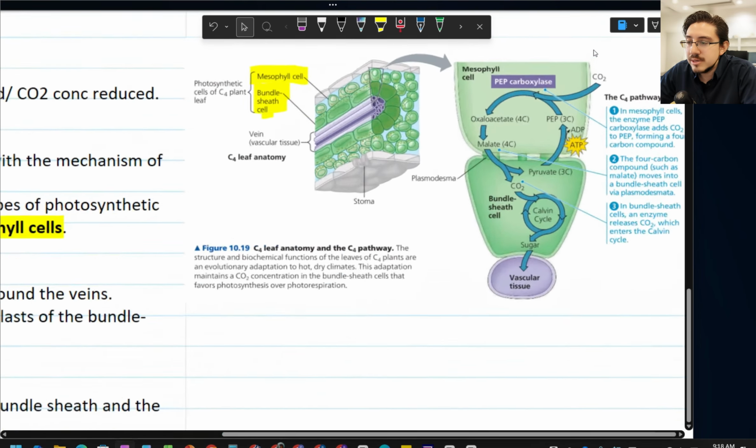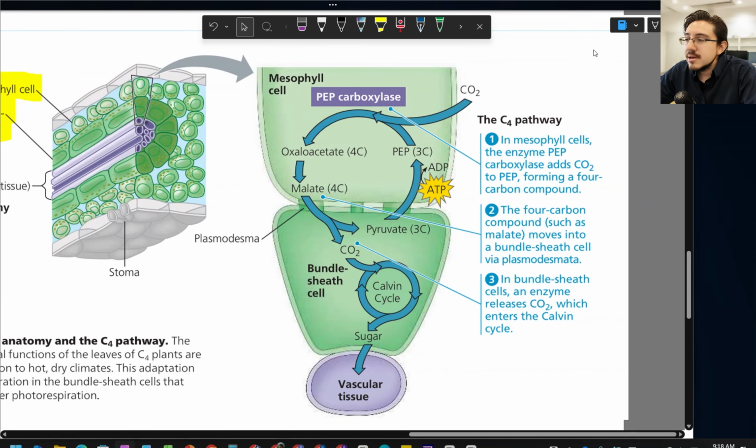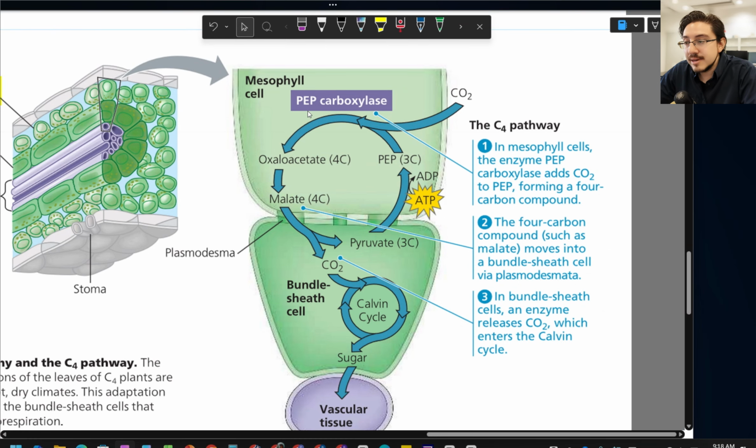To zoom in here really quick, you have carbon dioxide coming in. It is joining this PEP, this phosphoenolpyruvate. They come in together, interact with this carboxylase, and they turn into oxaloacetate.